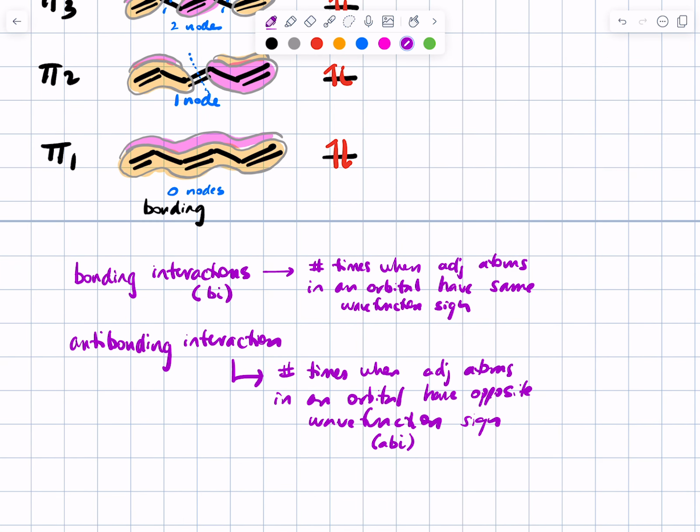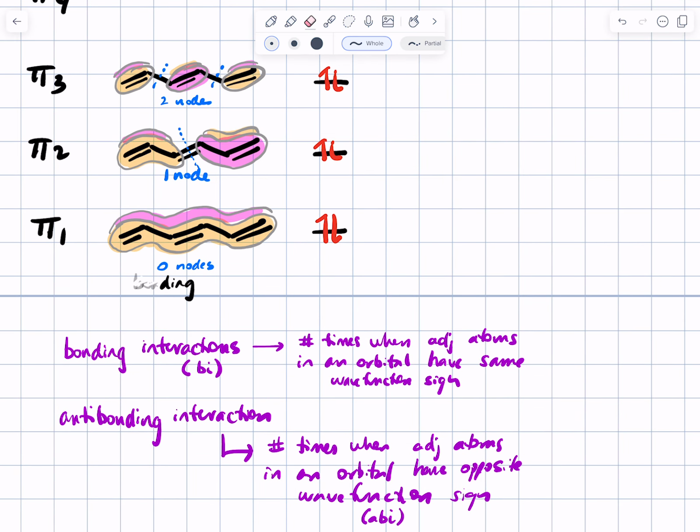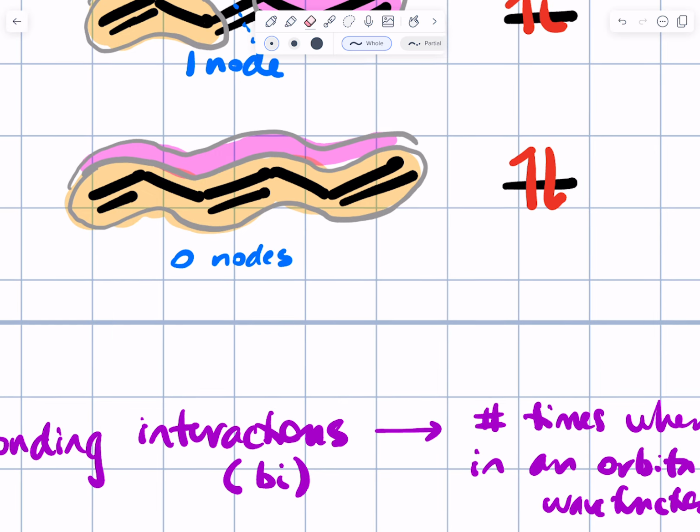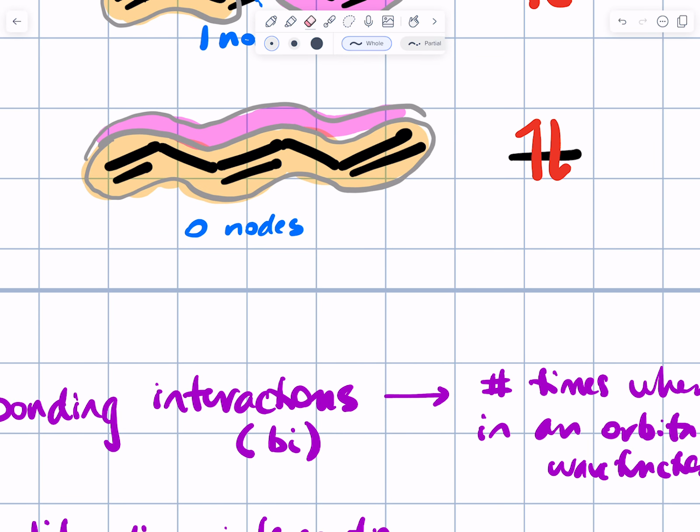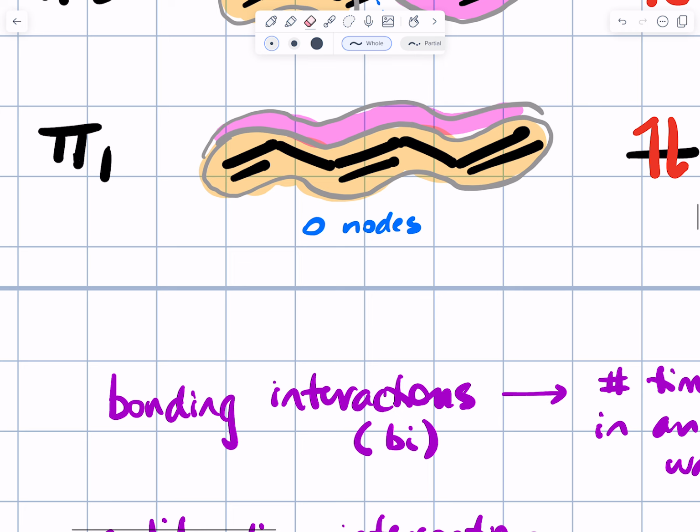So, one of the ways we've talked about orbitals is writing the number of nodes that they have. We're going to do the same with the number of bonding interactions and anti-bonding interactions. So in this pi1 orbital, how many bonding interactions would you say that there are? I count 1 between 1 and 2, 2 between 2 and 3, 3 between 3 and 4, 4, and then 5. Five times when adjacent atoms have the same wave function sign, and 0 times when they have opposite wave function sign.